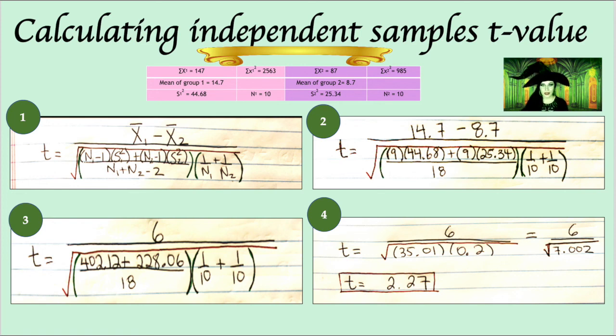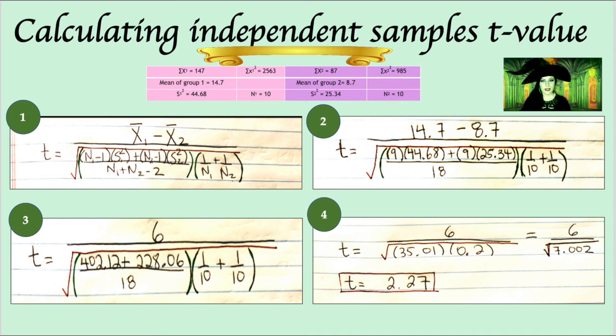After I add those together, I'm going to divide by 18 and multiply by 1 over 10 plus 1 over 10. Further simplified, I see that that is the square root of 35.01 times 0.2 in the denominator, and 6 remains in my numerator. If I take 6 over the square root of 7.002, I am left with the t-value of 2.27.